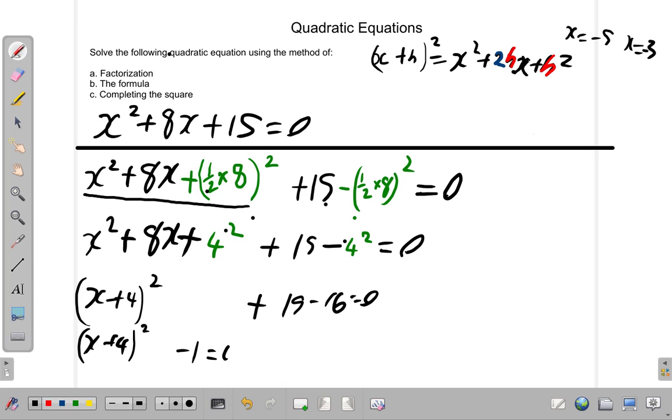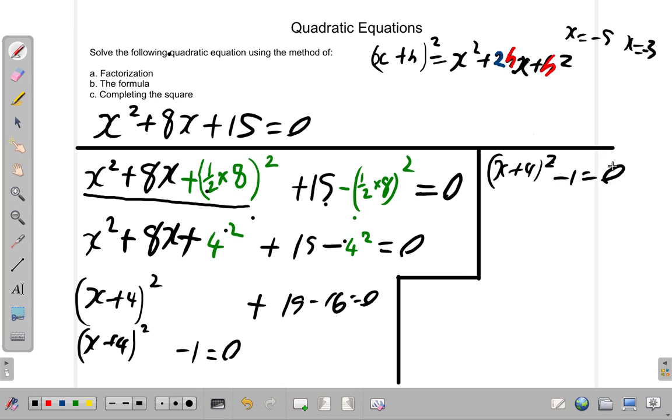So that equals 0. We're kind of running out of space. What I'll do is just separate this and continue the work over this side. So here now, you have x plus 4 squared minus 1 equals 0.